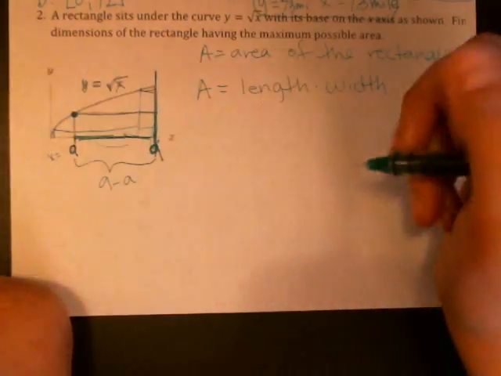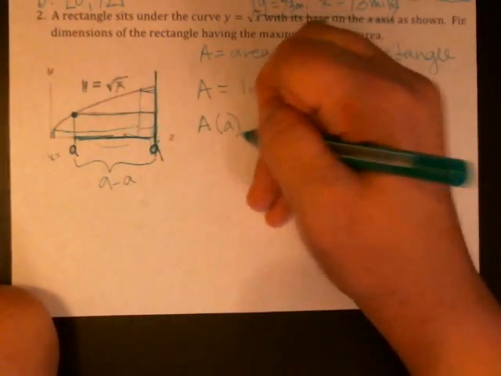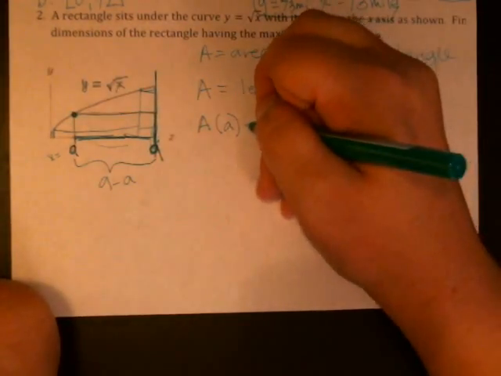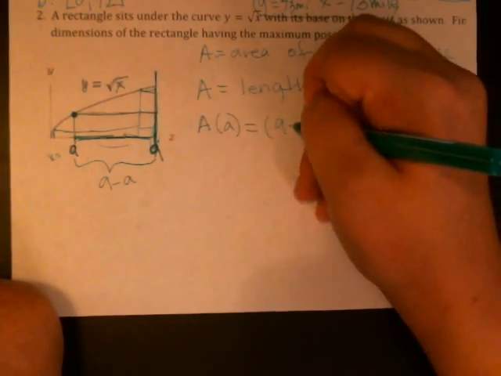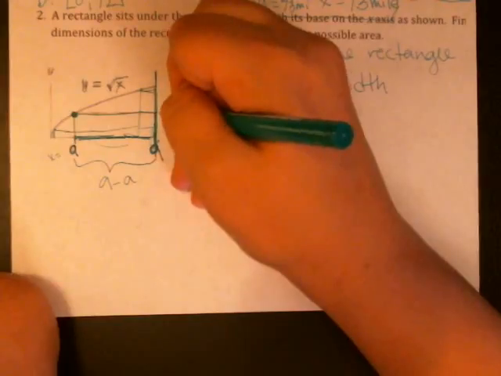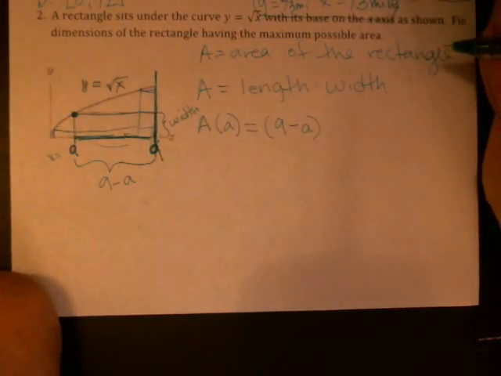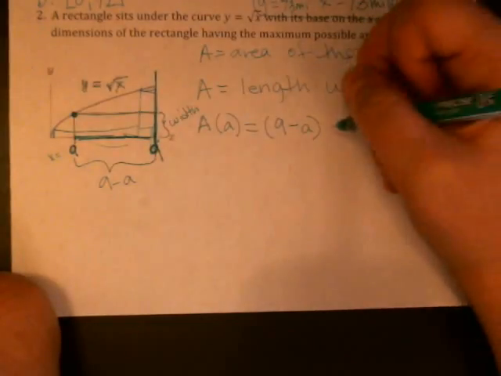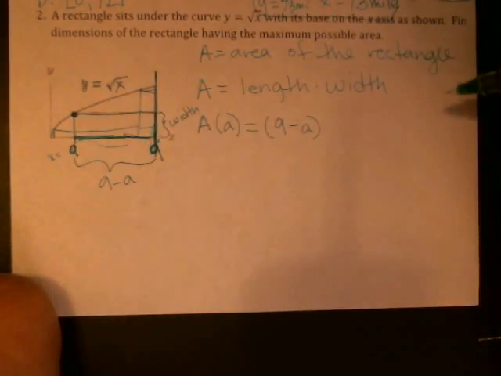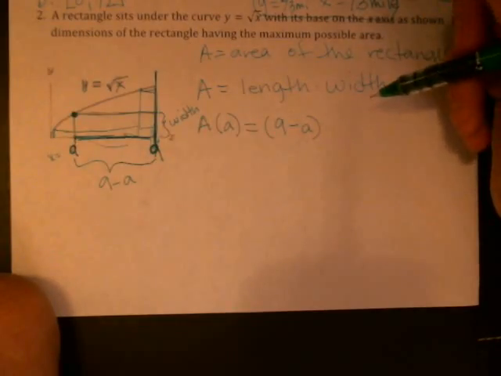So we're looking for a, and I'm just going to go ahead and use that a that's in the picture. So we'll call that length. The length is 9 minus a. Okay, in that case, this is the width, and that one can be a little tricky for people. So some people are tempted to just call it y, and you could temporarily do that, but again, at some point, you're going to have to get back to a being your variable.